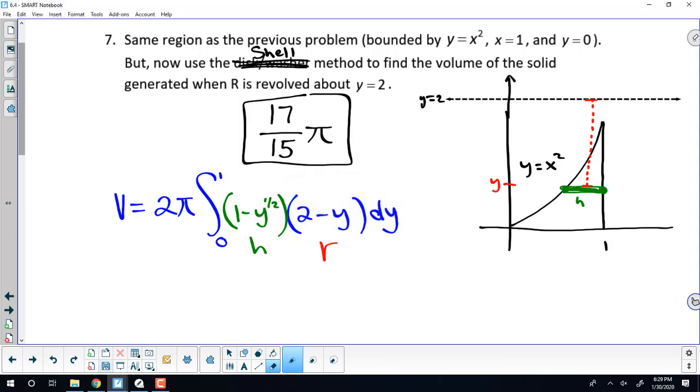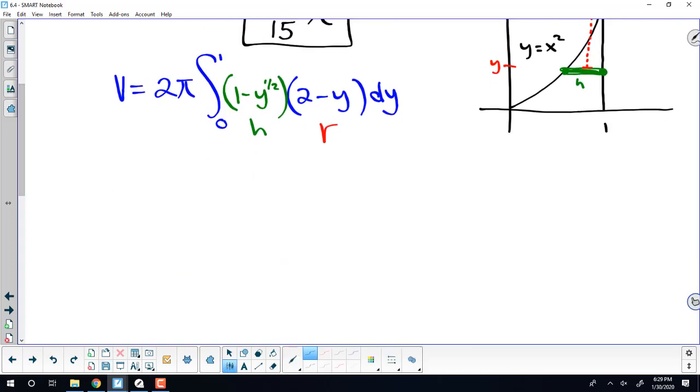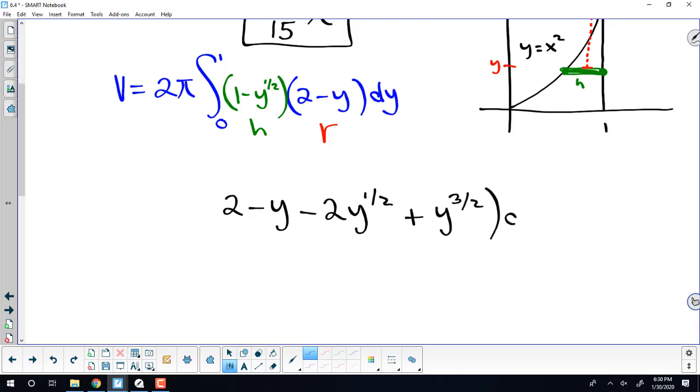Okie dokie. So that one we just expand out, right? We expand this out, and then end up integrating powers of y. Plus, we have... okay, so we just expand out powers of y.